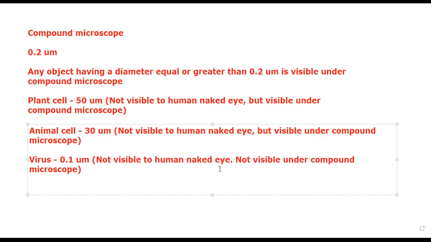There are particles like prions, smaller than viruses. If one person says, I will use a compound microscope and observe the prions, it's a joke. So whether it is visible under a microscope or not is decided by which power? The resolution power. Understood?